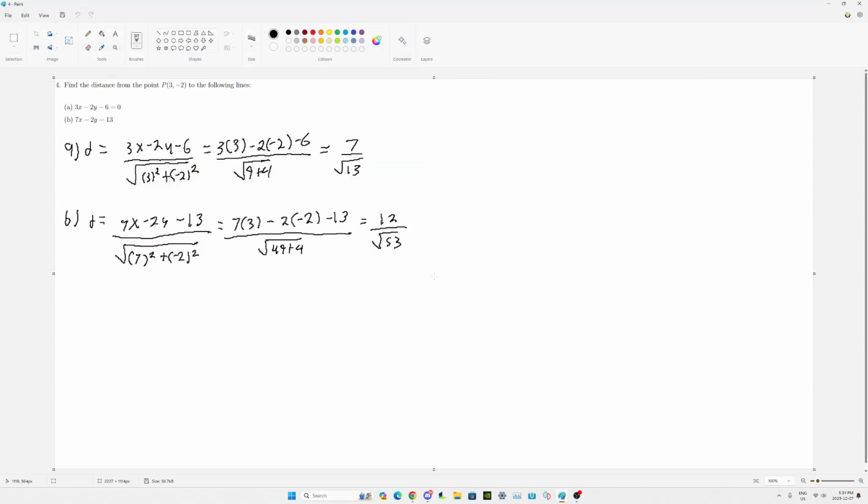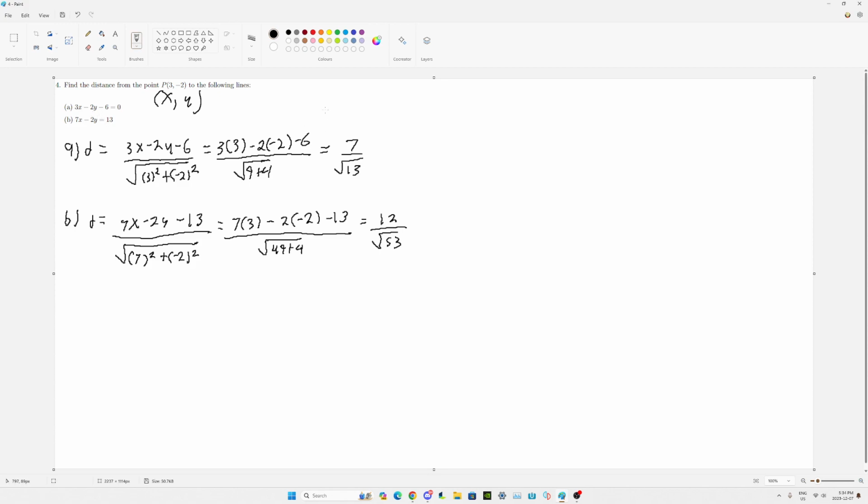Okay, so find the distance from the point P (3, negative 2) to the following lines. We have these lines with variables already, so this is just x, y, right? If these lines are equations equal to 0, we can just put those points in. So the distance is going to be equal to the equation over the square root of the length, basically, of each of our components.